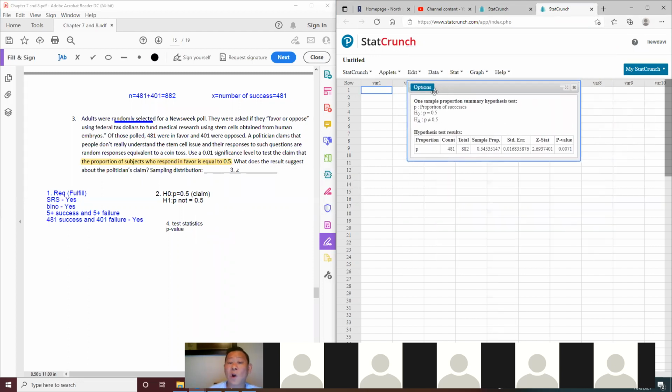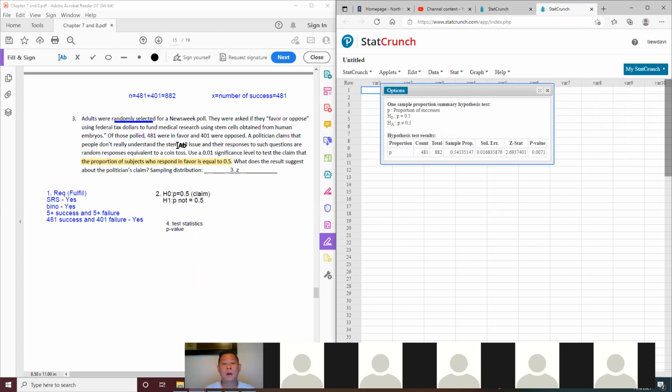So this is the result that StatCrunch gives you. What is the test statistic in this case? The test statistic in this case is the Z-stat, which is 2.694, to 3 decimal places. And the p-value in this case is what? 0.007.